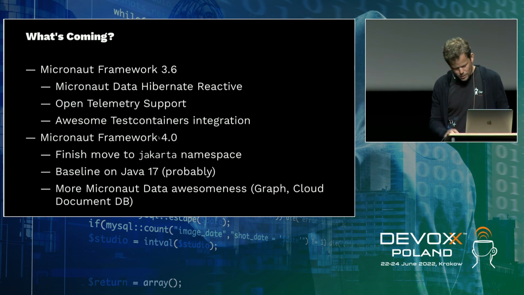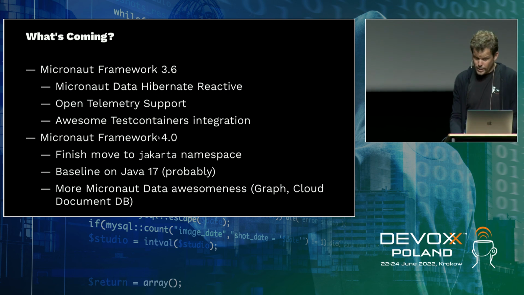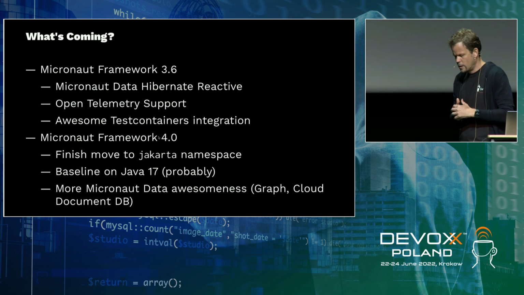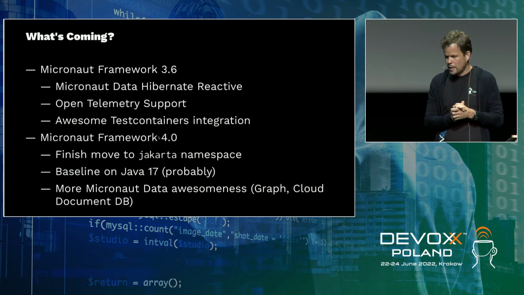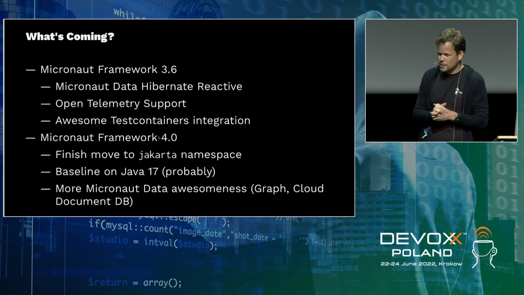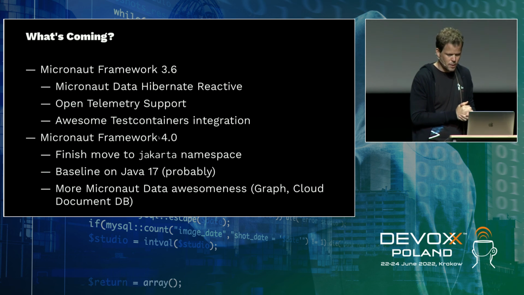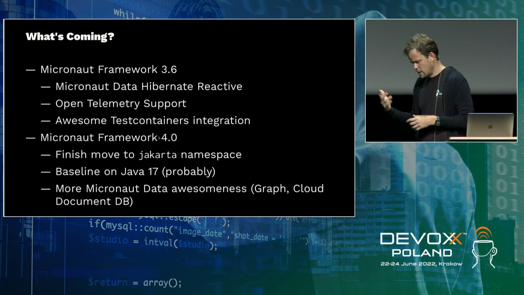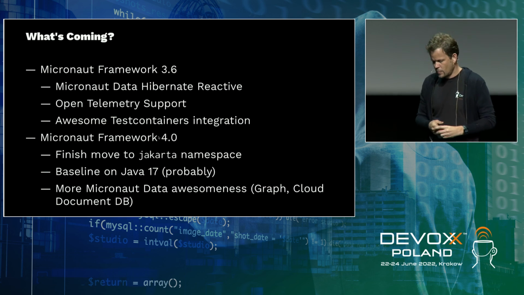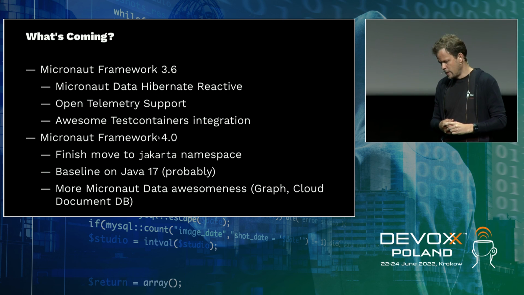We're also going to launch integration with Testcontainers to make it easier to have Testcontainers manage the database that you're testing against. So I think 3.6 will be a pretty exciting release.